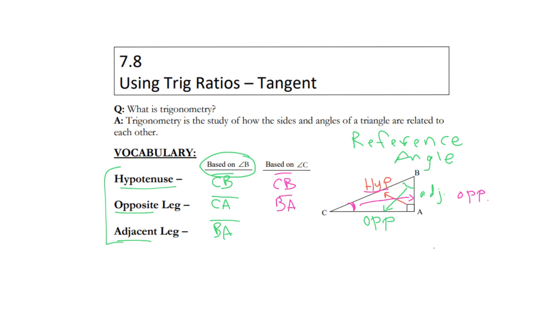And then adjacent will be the one that is next to the angle we're talking about, so CA. Notice that these just switch around based on the two different reference angles. We will never use our right angle as our reference angle because that would make the hypotenuse be the same as the opposite, and that doesn't work. More on this as we go throughout the lesson.